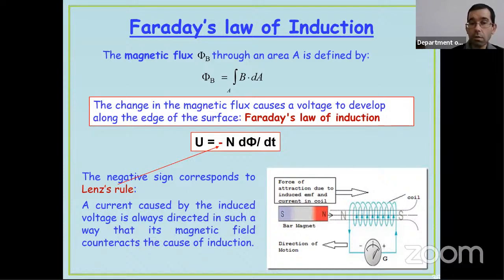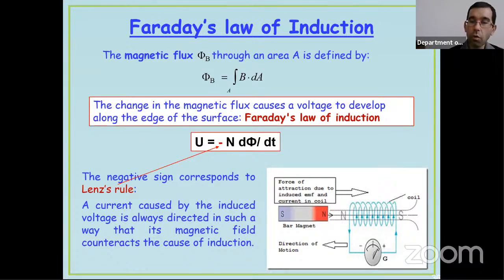Lenz's rule states that the current induced, or caused, by the induced voltage is always directed in such a way that its magnetic field counteracts the cause of the induction. Why is it important?